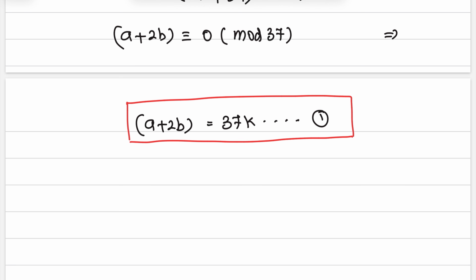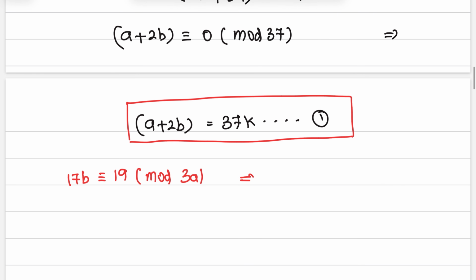Now, what about the second equation? The second equation is 17B congruent to 19 mod 3A.